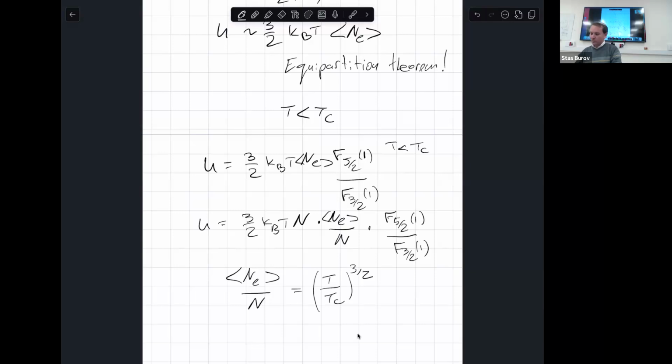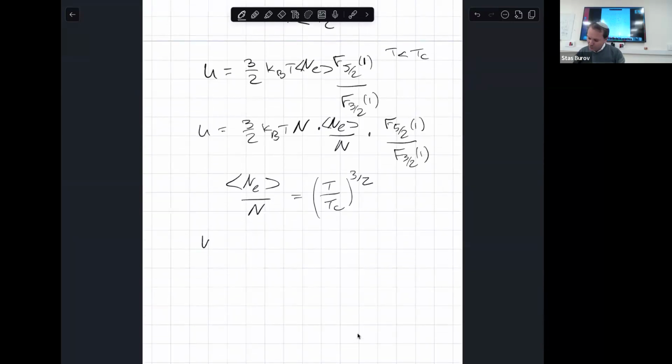So what we obtain for U is 3/2 k_B T N, where N is the total number of particles inside the system, which is a constant, which satisfies the equipartition theorem. There are no interactions, and there is this condensation that occurs.